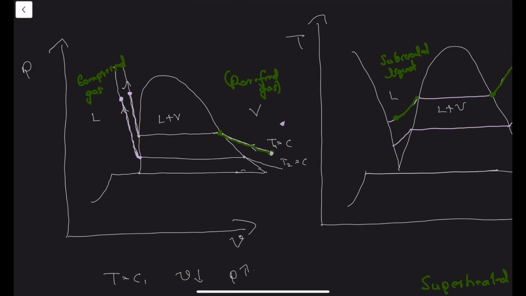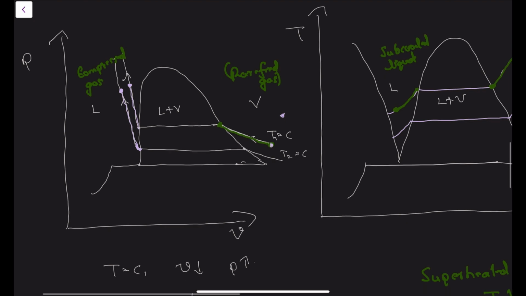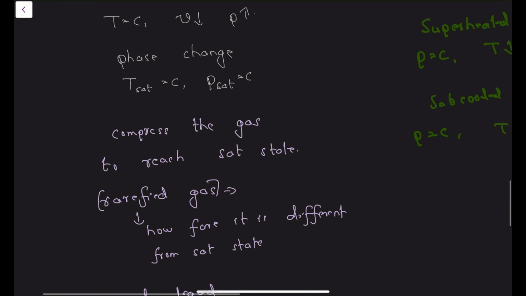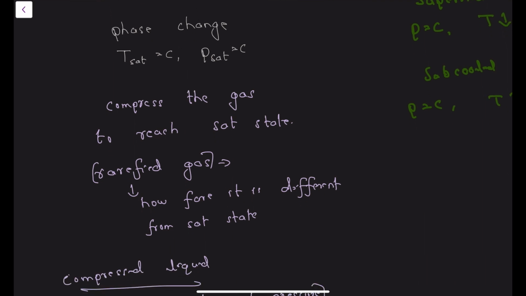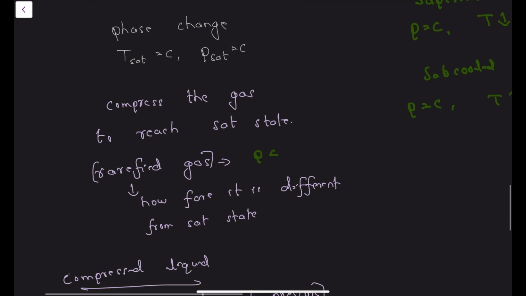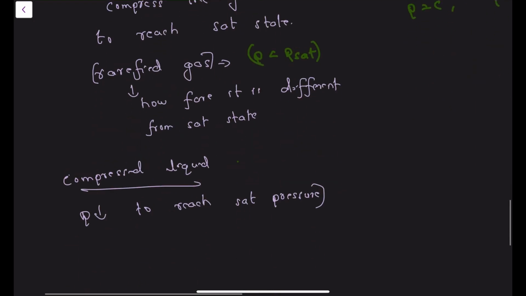Rarefied gas exists at a pressure lower than its saturation pressure, and compressed liquid exists at a pressure higher than the saturation pressure. That point needs to be kept in mind: for rarefied gas, pressure is less than saturation pressure, and for compressed liquid, pressure is greater than the saturation pressure.